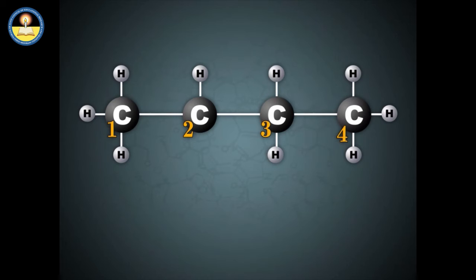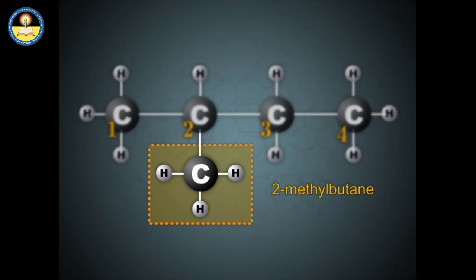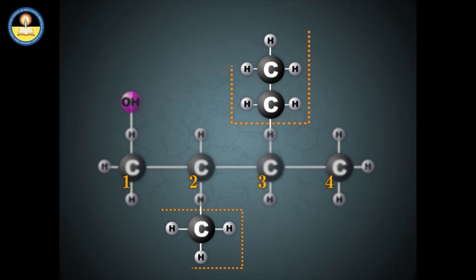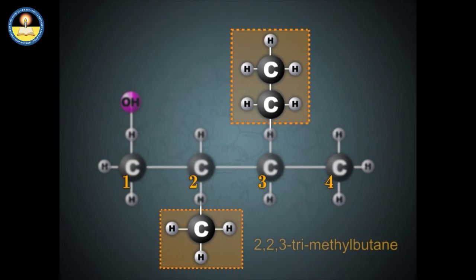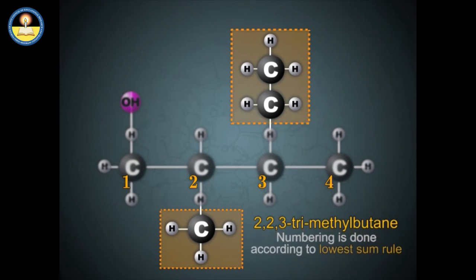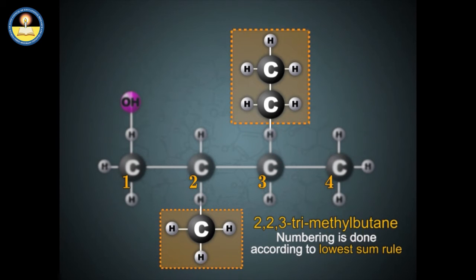When only one alkyl group is present, it is named as 2-methylbutane. When a similar alkyl group is present at different positions, it is named as 2,2,3-trimethylbutane, when numbering is done according to the lowest sum rule.